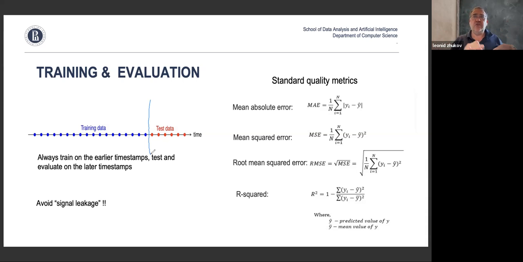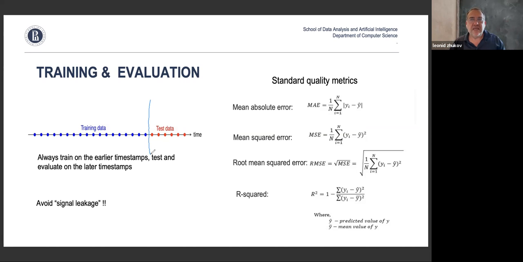So your past should not know about the future. If you do it the other way around, it's usually called signal leakage. You don't want to test your past based on the future.